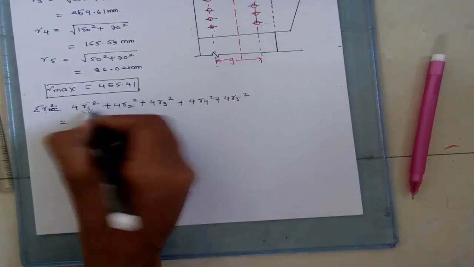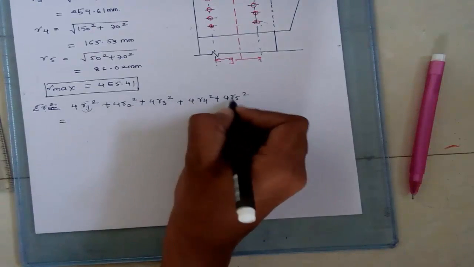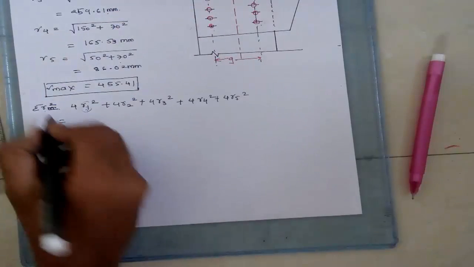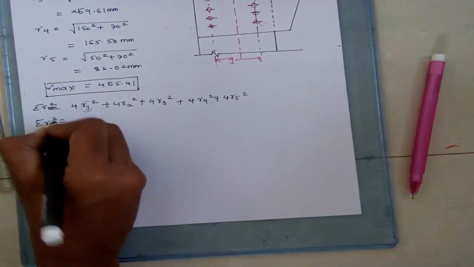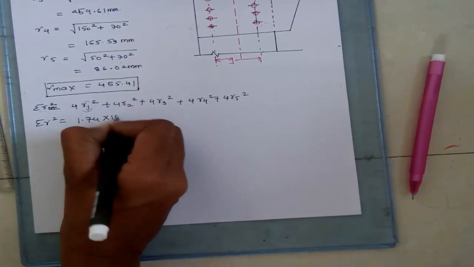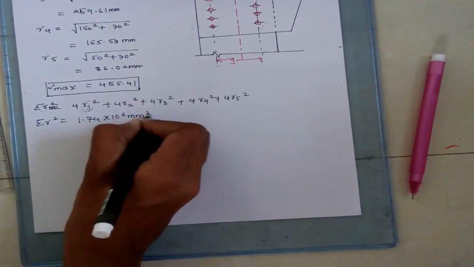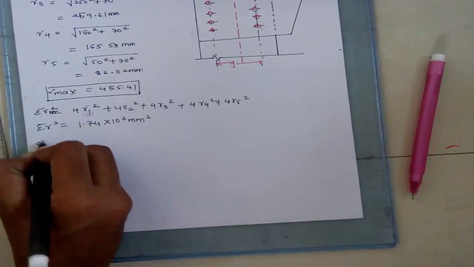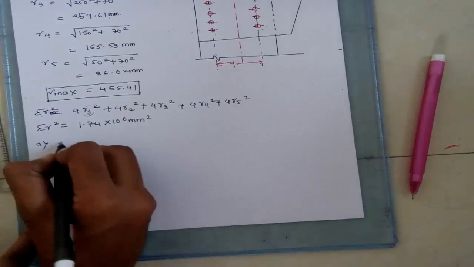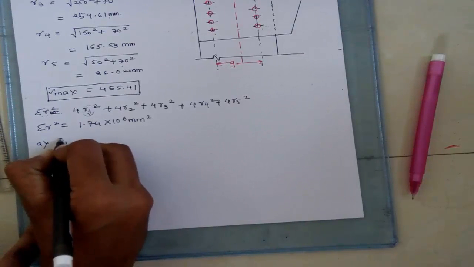After putting in these values, we get a summation of R square of 1.74 into 10 to the power 6 mm square. This is also required for the force in the bolt due to twisting moment.